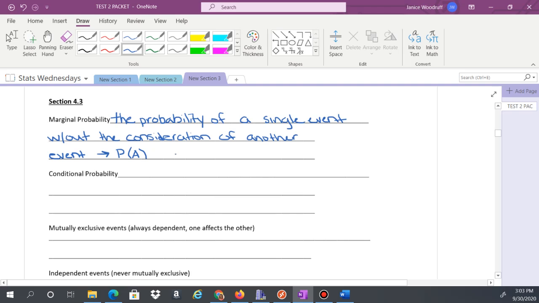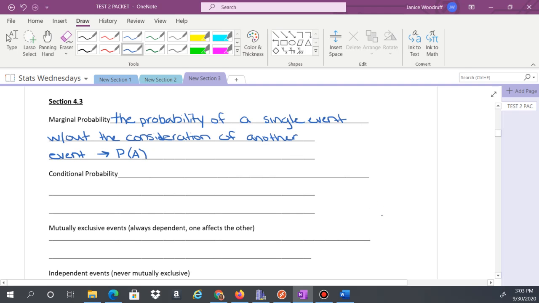So it's just yes or no. There are 14 cards. I take them all, put them in an envelope, and pull one out. What's the probability that the person says yes? A single event without considering anything else, just one single pull out of everything.